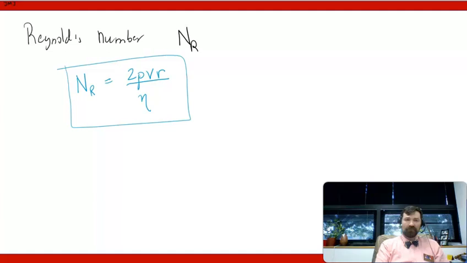So remember, this is fluid flowing through a tube or pipe or vessel with circular cross-section of radius r. And so your Reynolds number is just calculated by this combination.